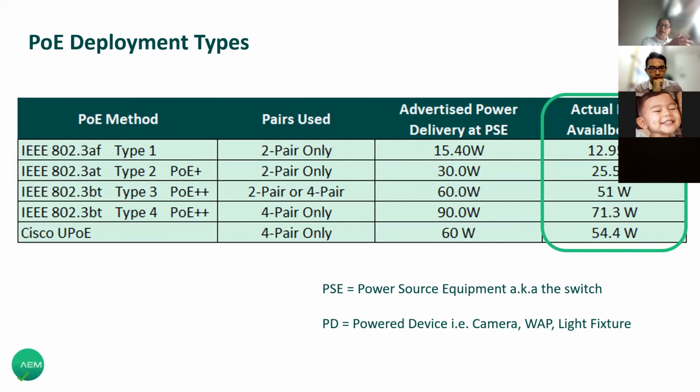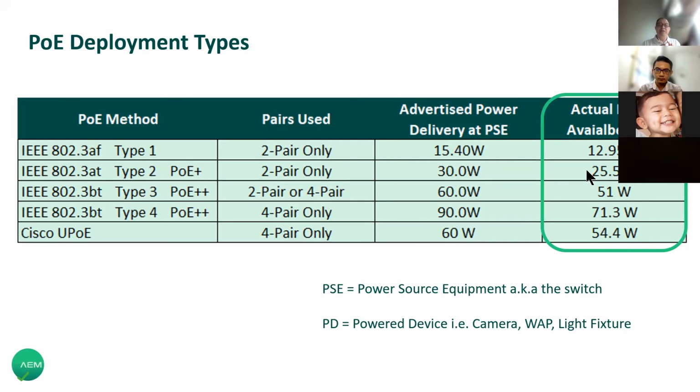But at the end of the day, the actual power is talking about the worst case scenario. Worst case means you're running the maximum length, which is a 100-meter channel. So at your worst case length, you should get the specified value. For 15 watt, it is 12.95.